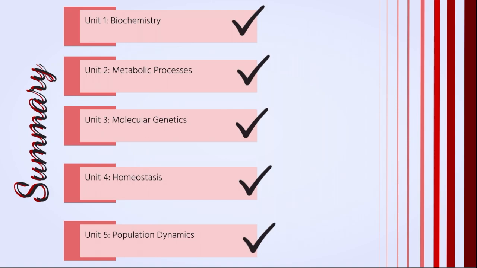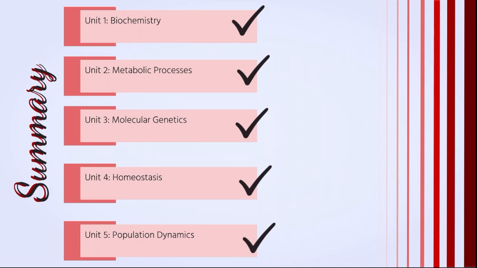And then we looked at molecular genetics and how sequencing the anthrax genome, or the DNA, can potentially help us prevent more deaths from this infectious disease in the future.